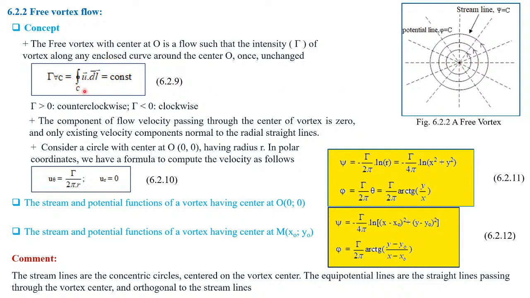So here C is a closed curve. Okay. A vector U, the velocity, dot product with dl, a vector along the tangent line of the curve. So we take just one time, and we get this is constant.